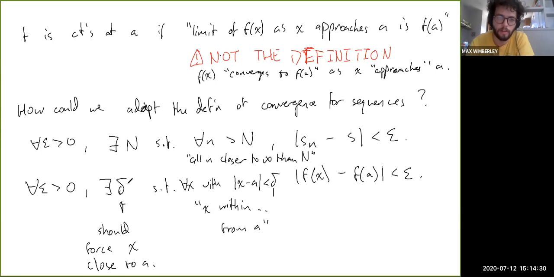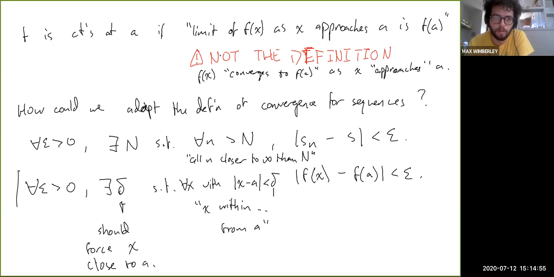Delta is the parameter that controls the limiting process. It's the parameter that controls how far away from a x is allowed to be. And capital N is the parameter up here that controls how far away from infinity little n is supposed to be.